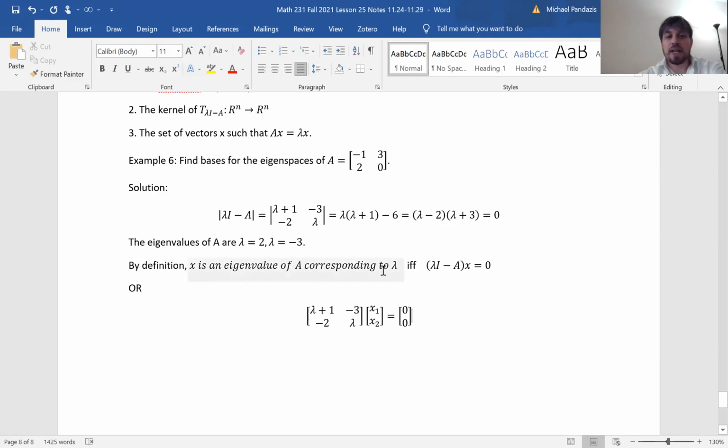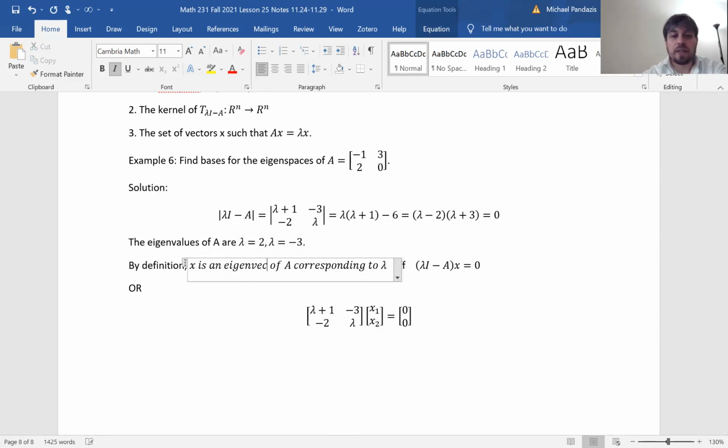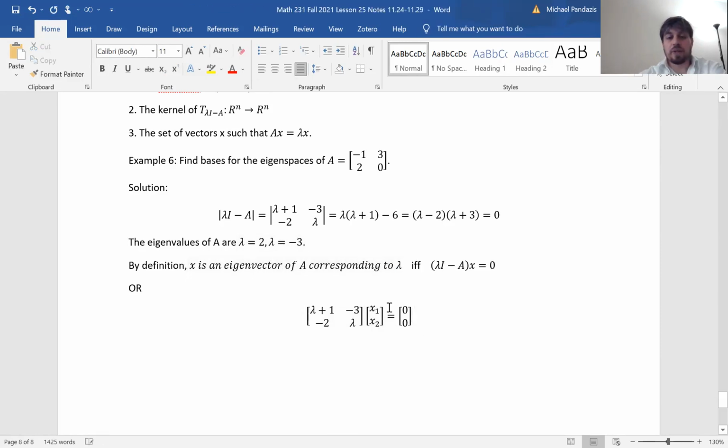So x is an eigenvector of A corresponding to lambda if and only if it satisfies this equation for that fixed lambda.